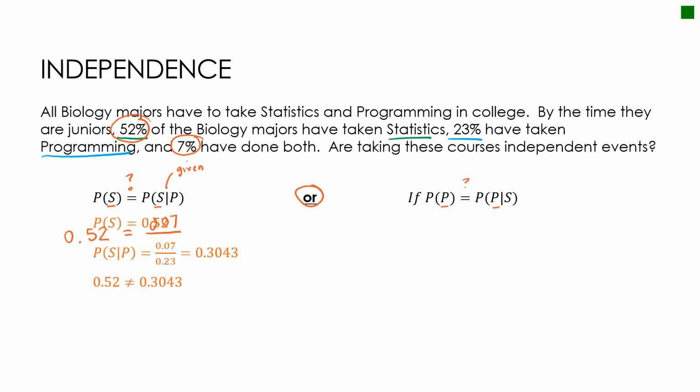And the denominator would be only people who have taken programming, which is 23%. So using your calculator, if I divided 0.07 by 0.23, I get 0.3043. Obviously those are not equal.